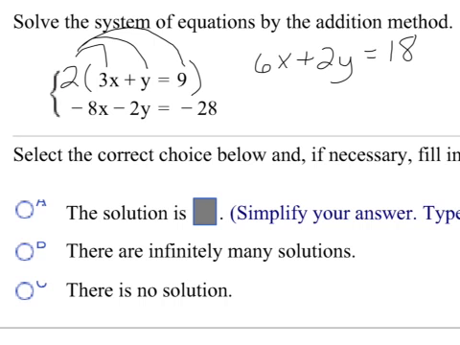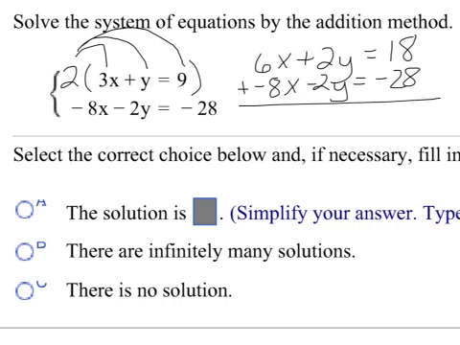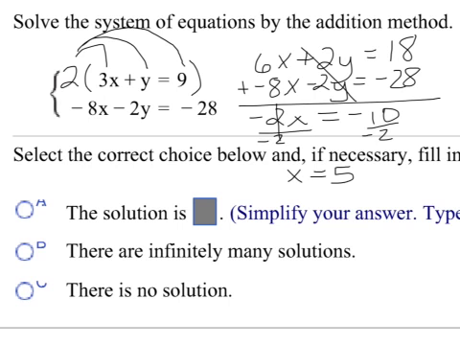And now I'll add the second equation to that. So adding my x's together, I get negative 2x. Adding my y's together, those are eliminated. 2y plus negative 2y is 0. And 18 plus negative 28 is negative 10. Now I'll divide by negative 2, and x will be 5.